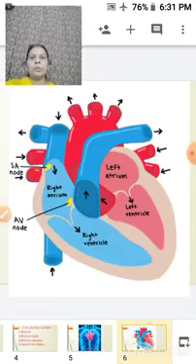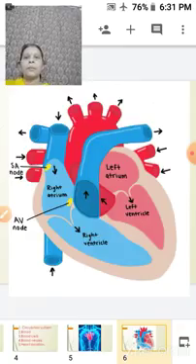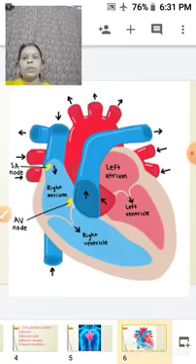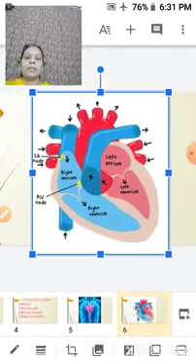This oxygen-rich blood is received by the heart from the lungs, and then it is pumped to each and every part of the body. So this is how the heart works.